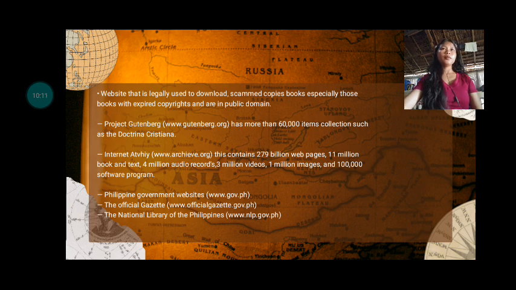These three can help us find sources for our research, different kinds of research, especially history or other research that needs sources. We can go to all these libraries here in the Philippines.